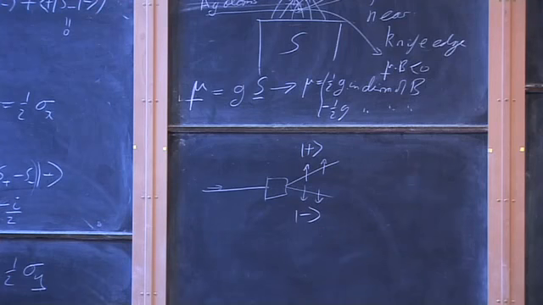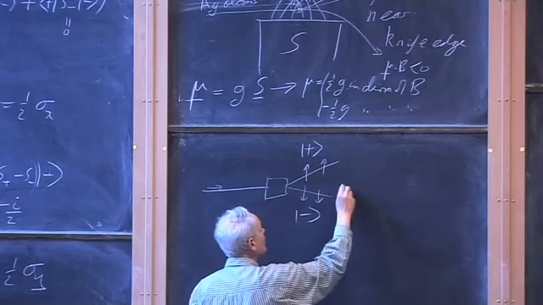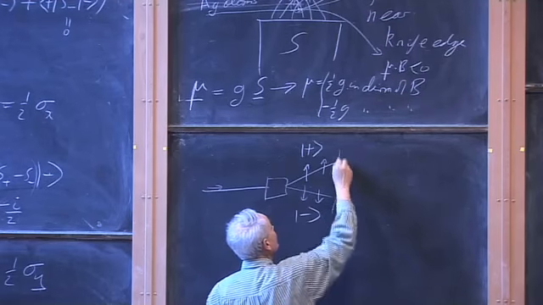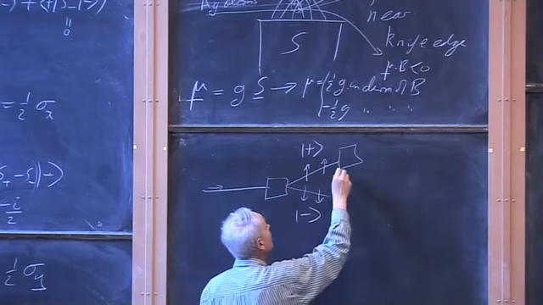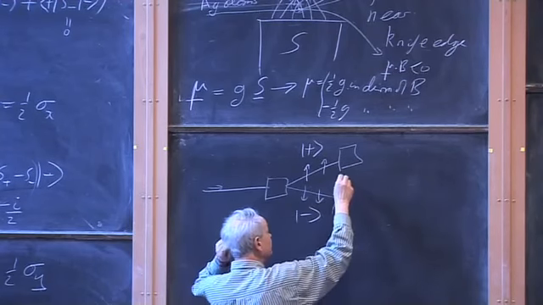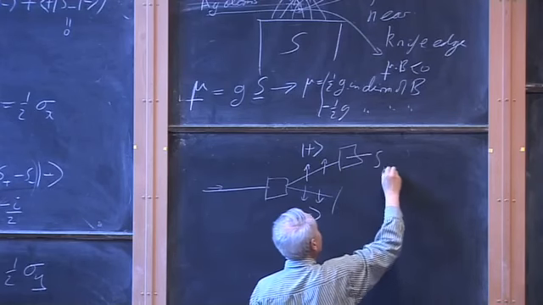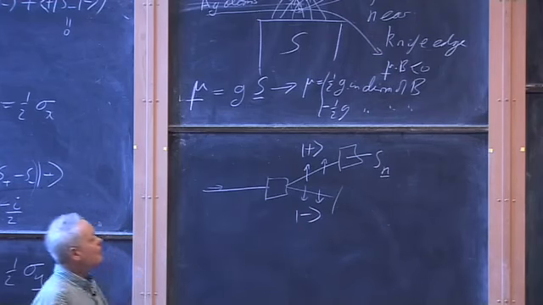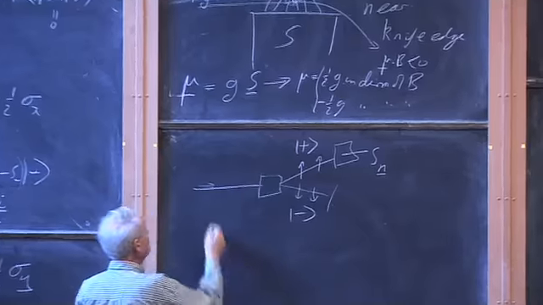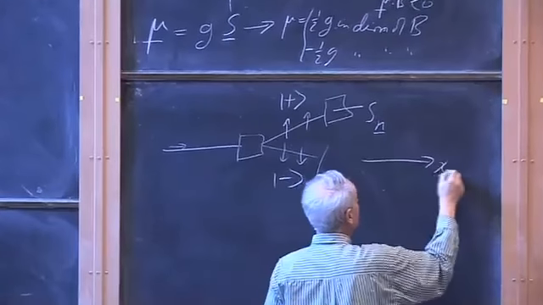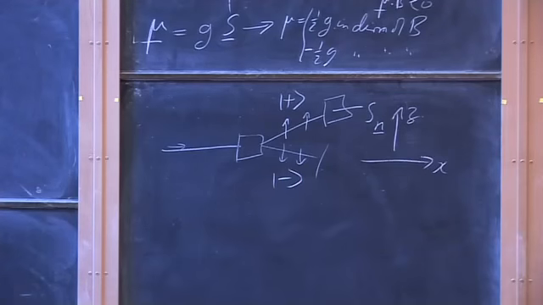And now you can play some entertaining games by installing another Stern-Gerlach filter. So let's just block these off, stop them being a nuisance. Stick in another Stern-Gerlach filter here. And now let's measure S sub n. So let's measure the spin along some unit vector n, and we're going to have this to be the x direction, this to be the z direction, and the y direction will have to be out of the board, all right?